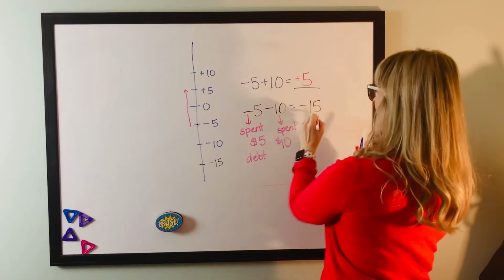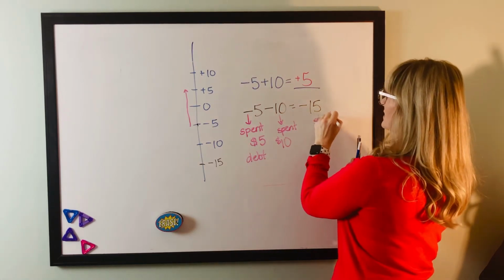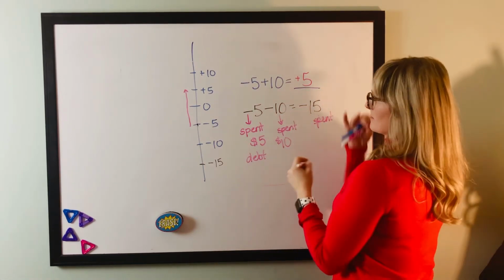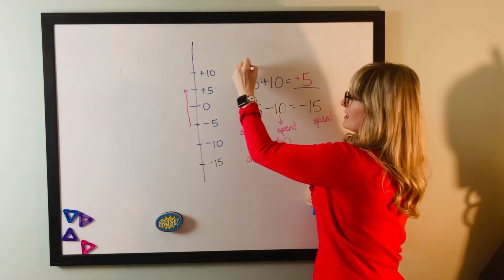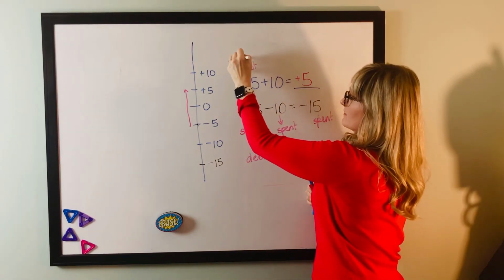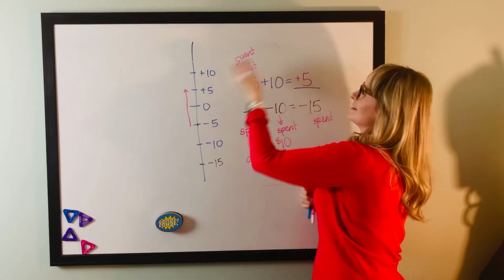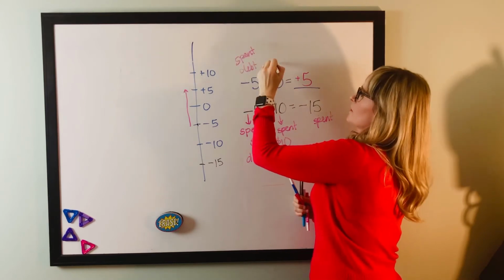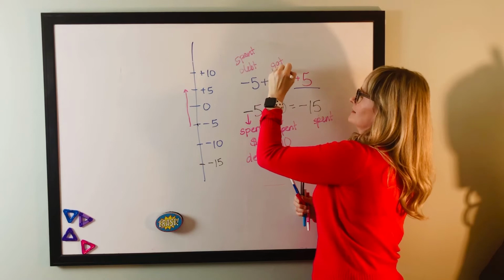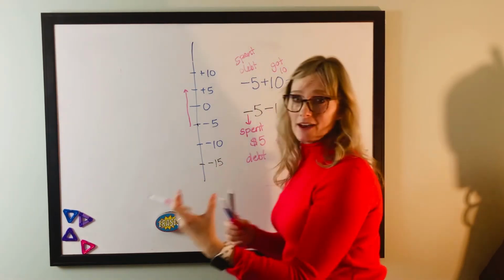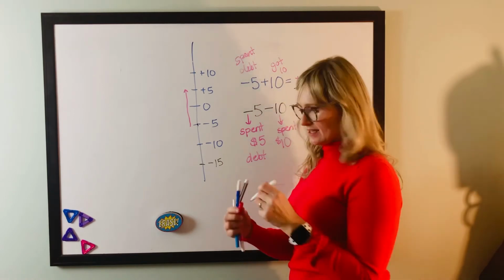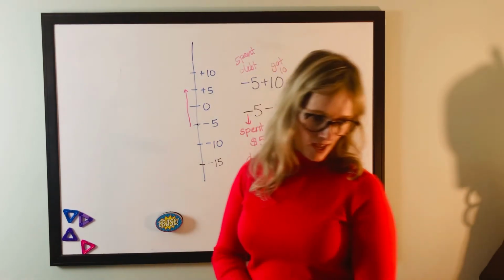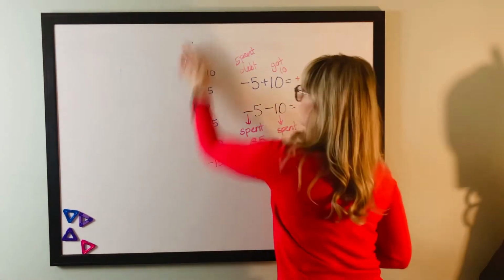I spent 15. And then you write, I'm at -15. That helps students wrap their heads around it. Then in this case, I'm in debt $5, but then grandma gave me 10. So if I was in debt 5 and I got 10, now I'm up $5. So I think that will help you with those numbers. What happens when we turn them into fractions?